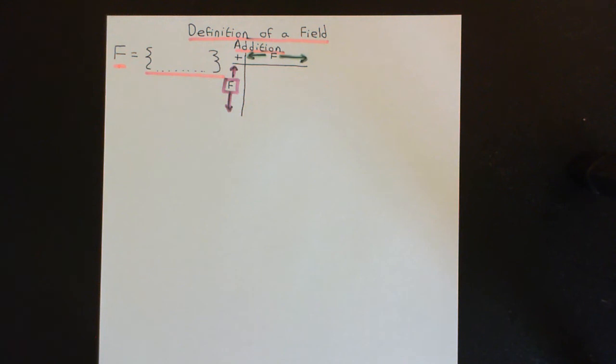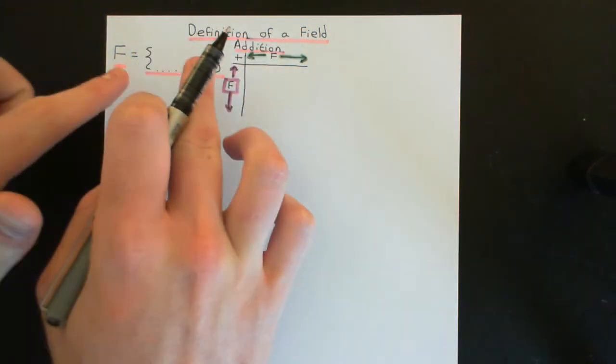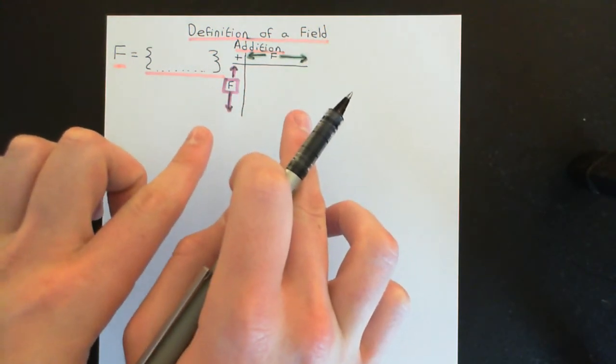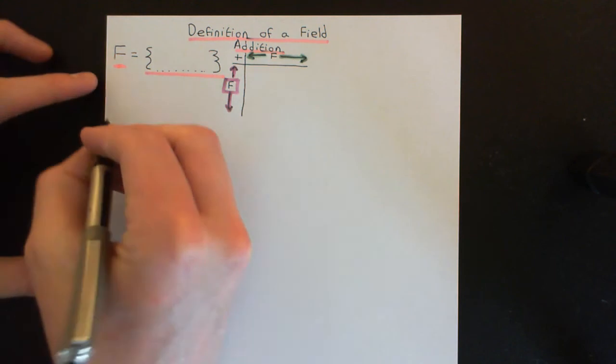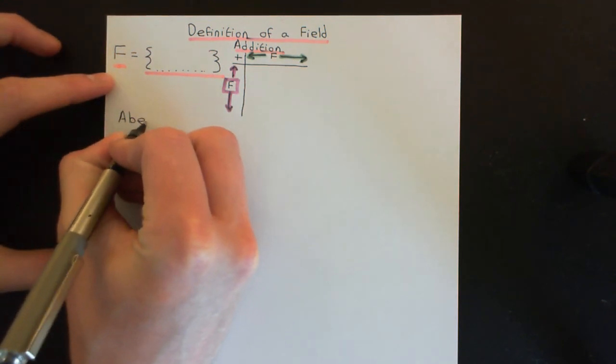Okay, so what axioms then does this addition composition law need to actually obey? Well, basically, we can quite simply state this as: the field, the set of symbols with just this addition composition law on it, is an abelian group. It needs to be an abelian group. So addition needs to obey the axioms of an abelian group.